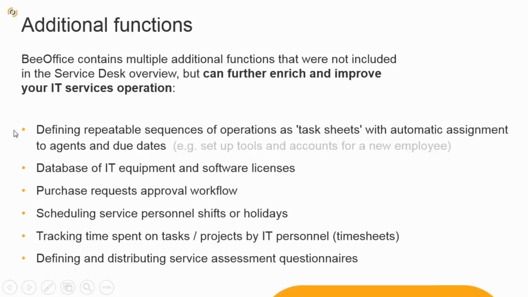So one functionality we are offering for processes such as problem management is the type of the form that we call the task sheet, because it's very flexible and can be adjusted to different types of customers.